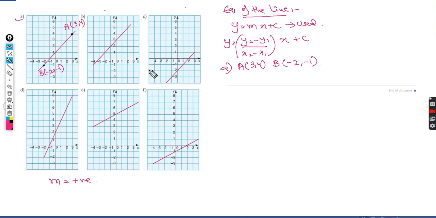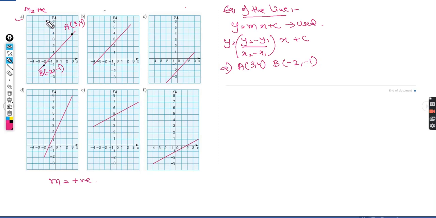Generally, if there is no graph given to you and 2 points are given to you, then also you can find the equation of the line very simply. So let's see what's happening over here. First of all, just a heads up, we know that the gradient will be positive. Let's first see what we know, and then if our equation comes in sync with that, it means we're on the right track.